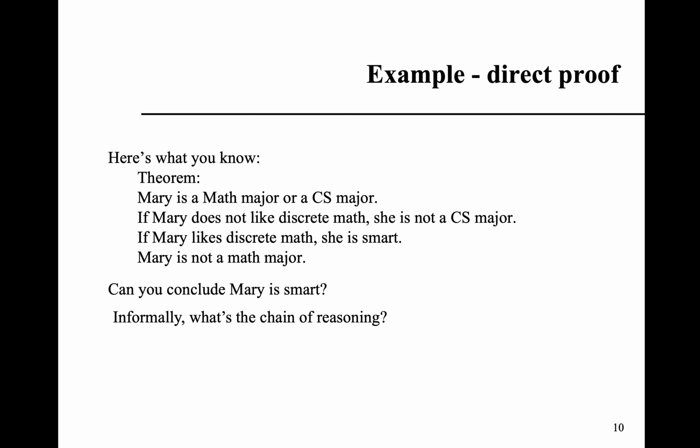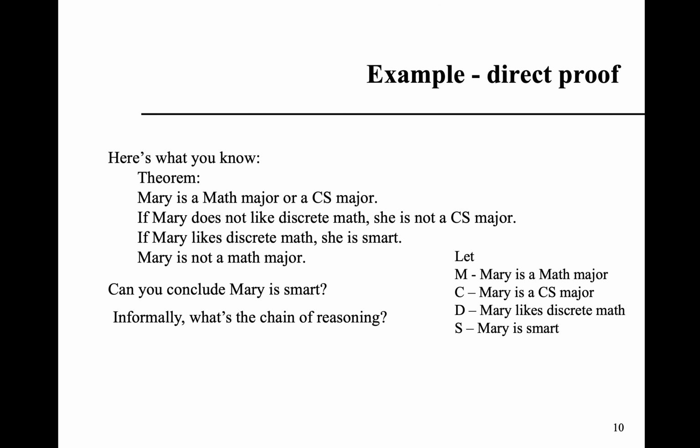So if you start thinking, what's the chain of reasoning here? You can create certain assumptions, right? So we can think of Mary is a math major. Based on the first statement, Mary can be a CS major, or Mary is a CS major. Mary likes discrete math, and Mary is smart. This is based on the different statements that they've given us.